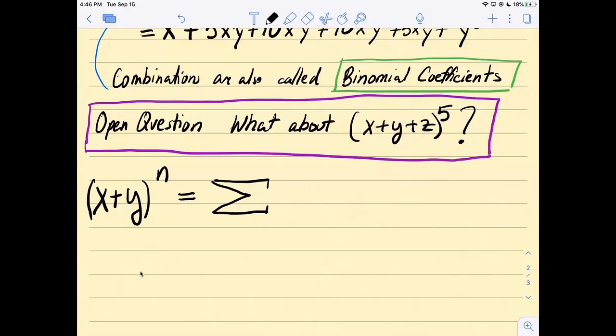So I add up x to the, let me count it like this: k equals 0 to n, x to the n minus k, y to the k, and then n choose k.